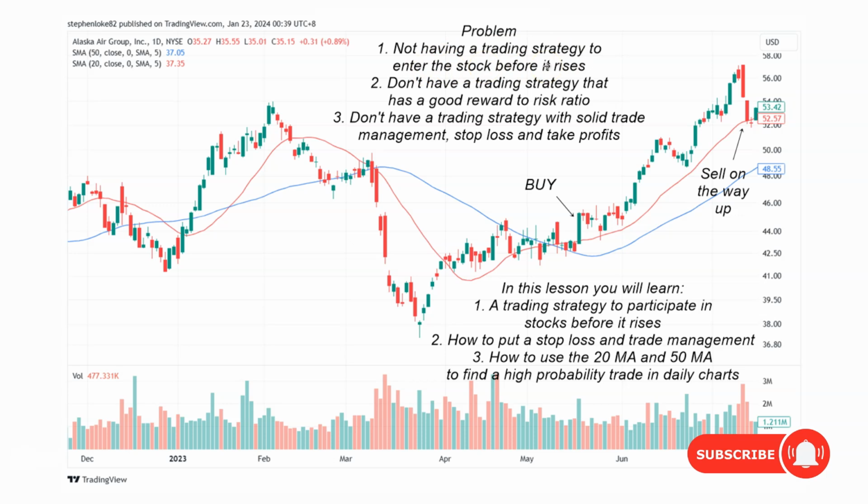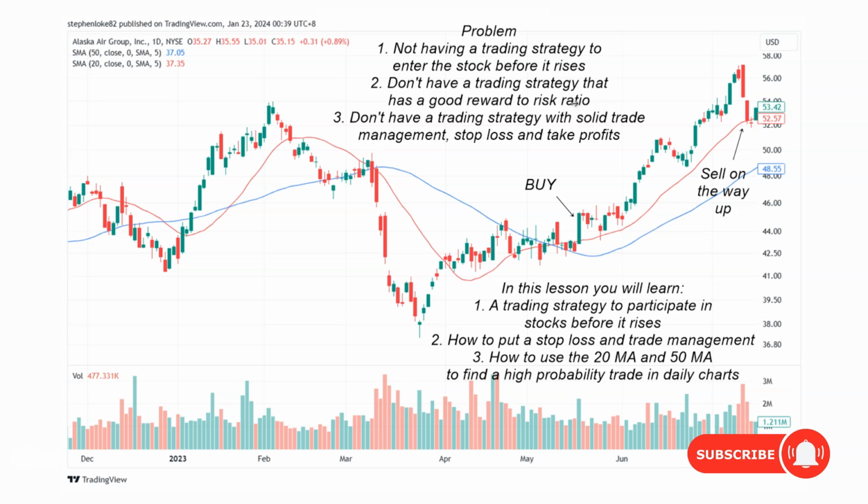And the second problem that always plagues traders is that they don't have a trading strategy that has a good reward to risk ratio. Now and then you'll learn a trading strategy that gives you 1:1 reward to risk ratio or 1.5 reward to risk.